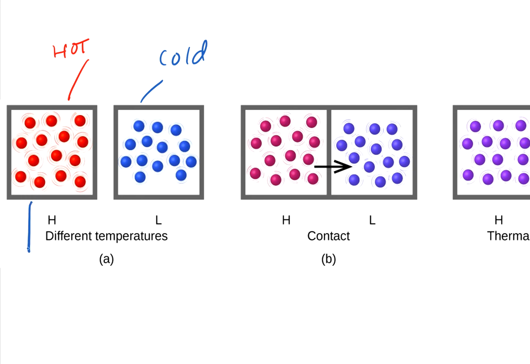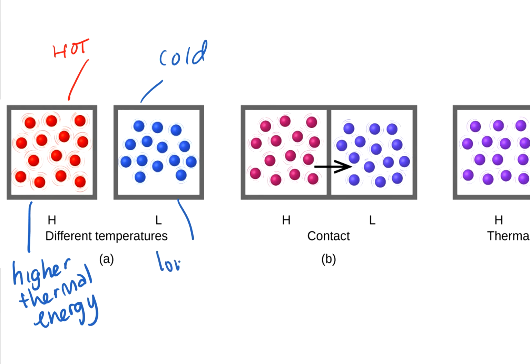So I can also say that this has a higher thermal energy. It has got a larger amount of thermal energy because the particles have a larger kinetic energy, right? So this one has a lower thermal energy because the particles are moving slower. Okay, so if you allow them to be in contact, can you see now they're touching? Previously they are not touching, right? Now they are actually touching.